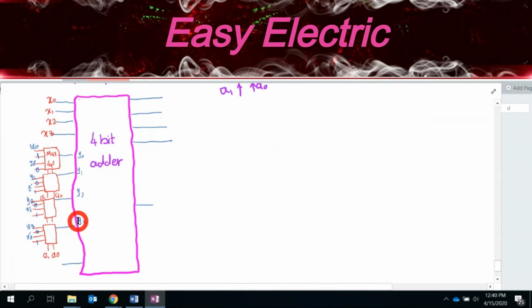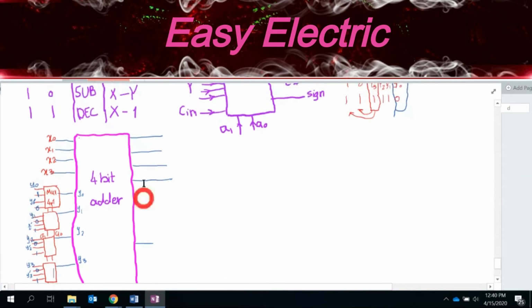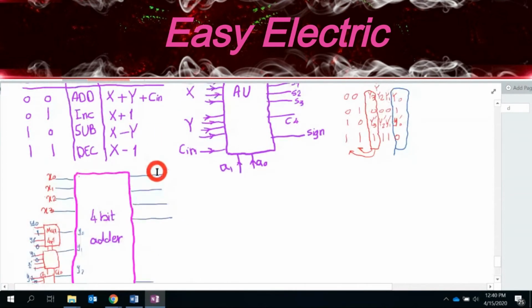But we still have to figure out what we should have for these 2 and also these 4. So back to here. This is the same topic that we had whenever we wanted to design the subtractor, right? If you remember, when we wanted to design the 4-bit subtractor from the 4-bit adder, which gate did we add to the outputs?